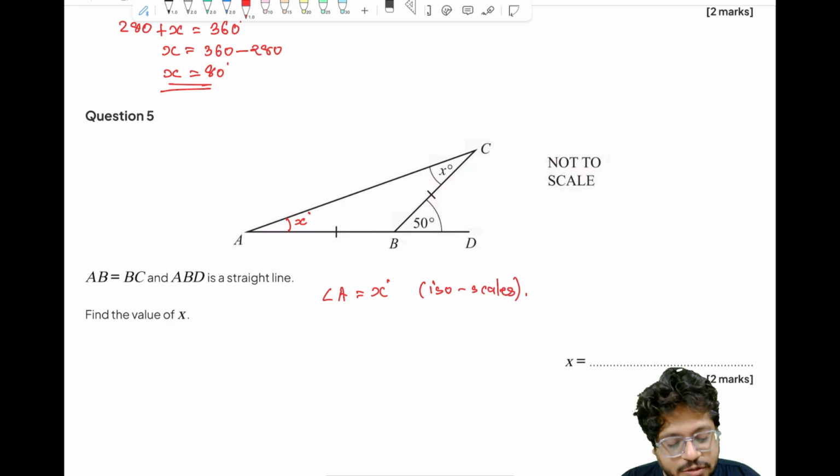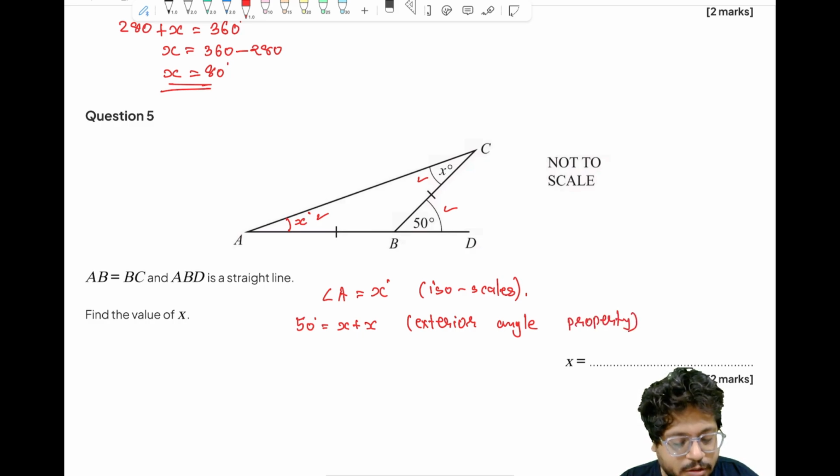Now let's use the exterior angle property, that this exterior angle, which is 50, is equal to the sum of these two opposite interior angles. So 50 must be equal to X plus X. Reason is exterior angle property. So 2x is equal to 50. So I can say that x is equal to 50 divided by 2, which is 25.